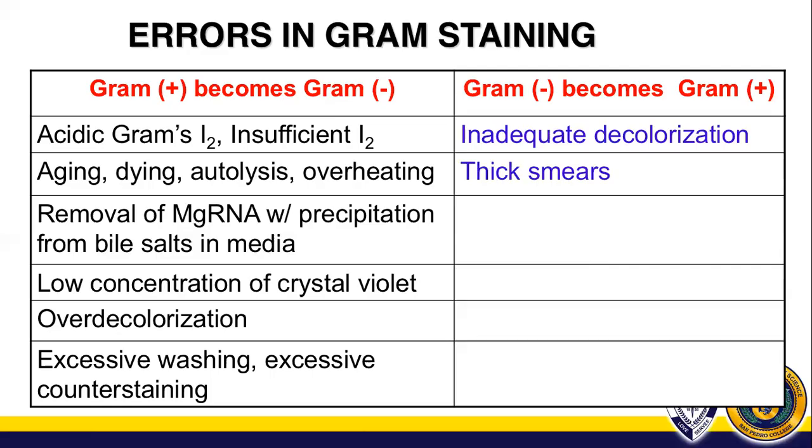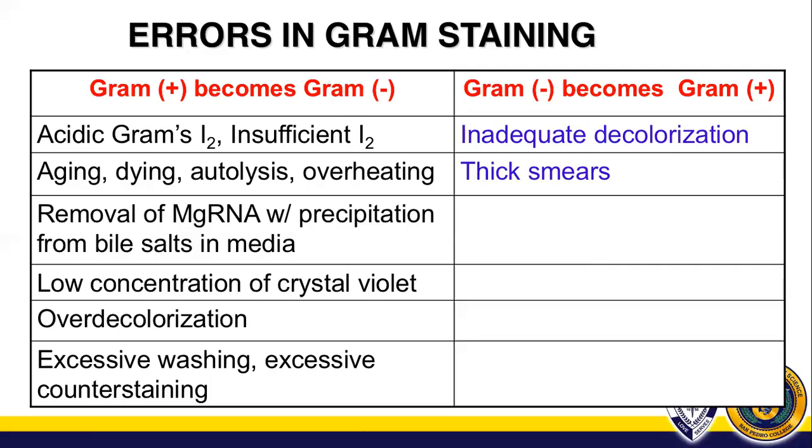Then over-decolorization. Prolonged decolorization would also lead to gram-positive organisms becoming gram-negative. If you're not yet skilled enough or familiar with the decolorization process, you may use 95% ethanol to decolorize, because it decolorizes more slowly.